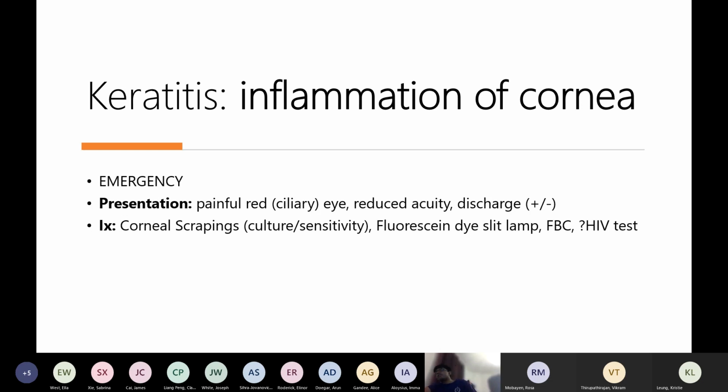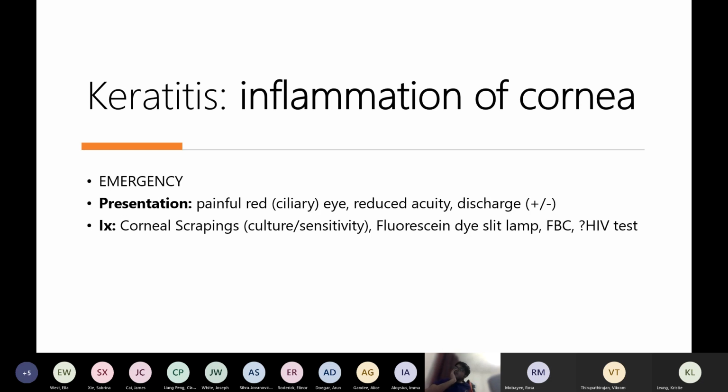Any ideas why we do a full blood count? So actually, that's interesting.